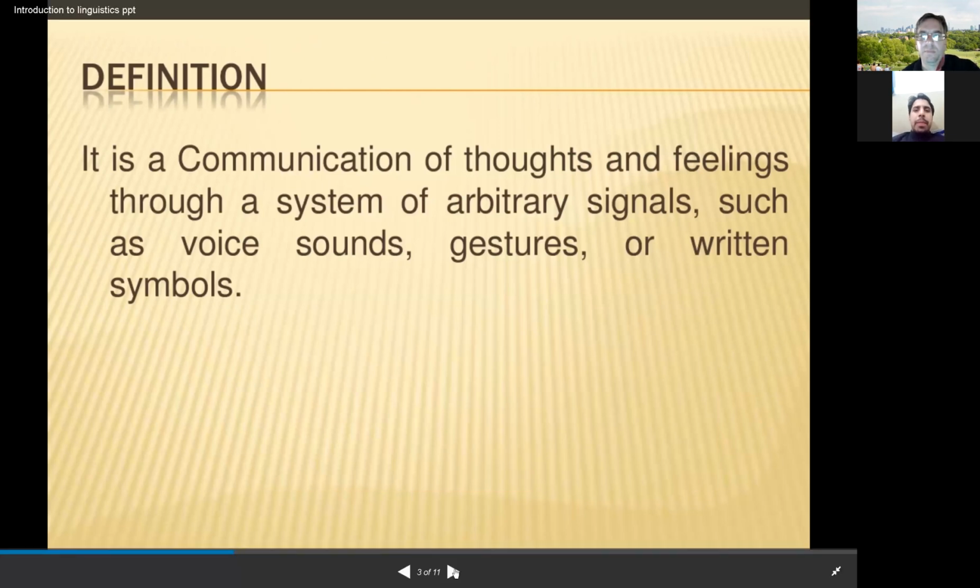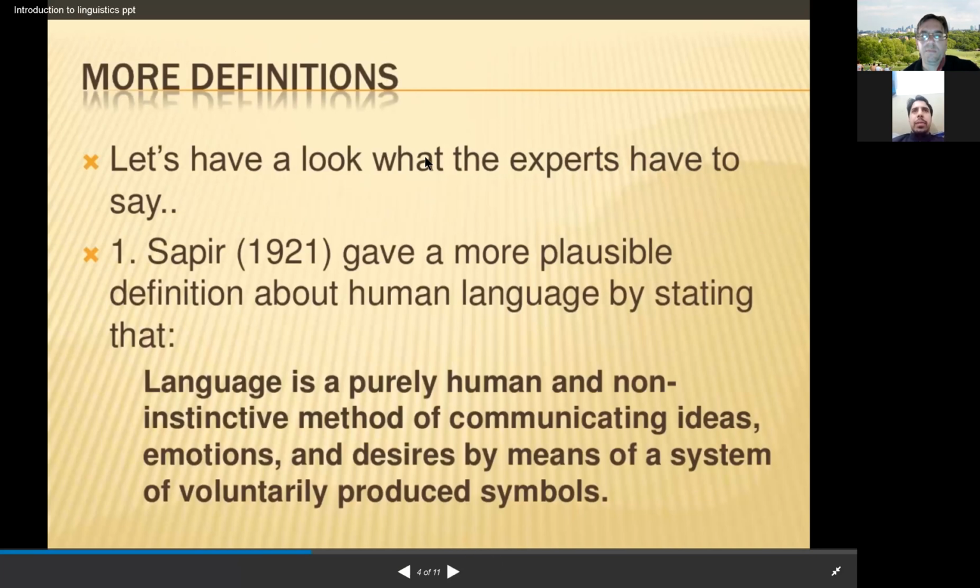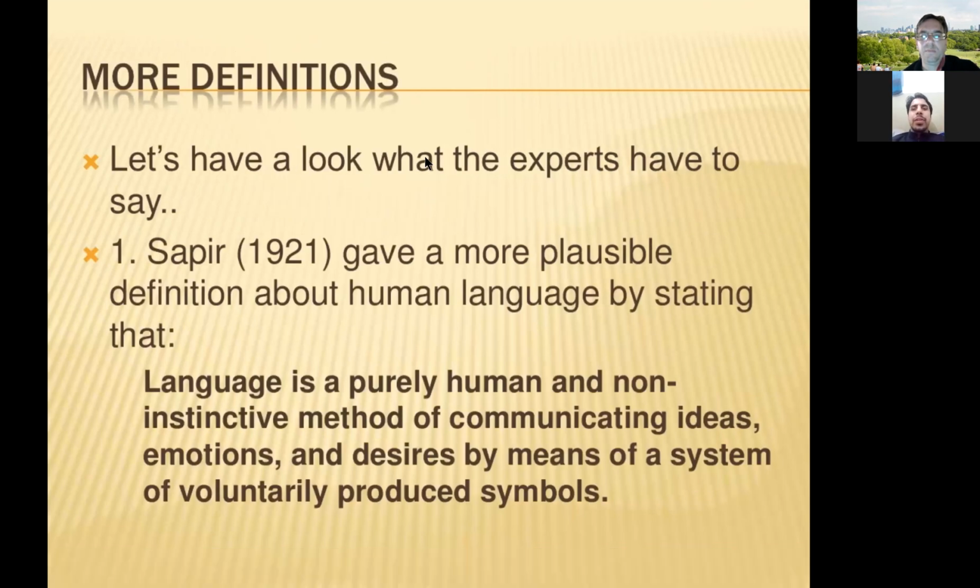Definition: language is a communication of thoughts and feelings through a system of arbitrary signals such as voice, sound, gesture, or written symbols. So whenever we say linguistics, the scientific study of a language, then you will think about what language is. First of all, we should know about it.